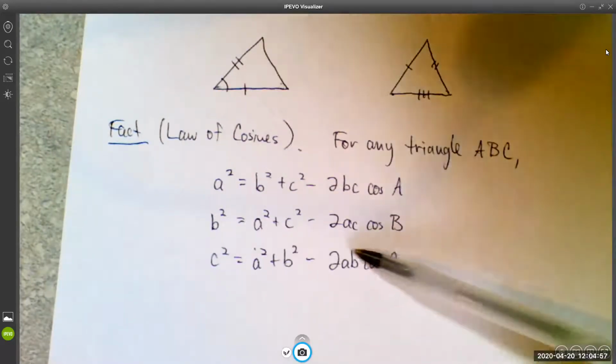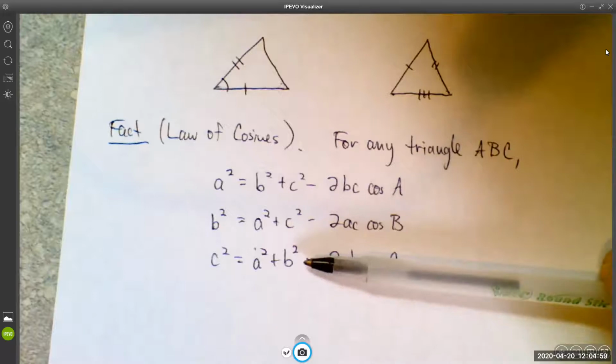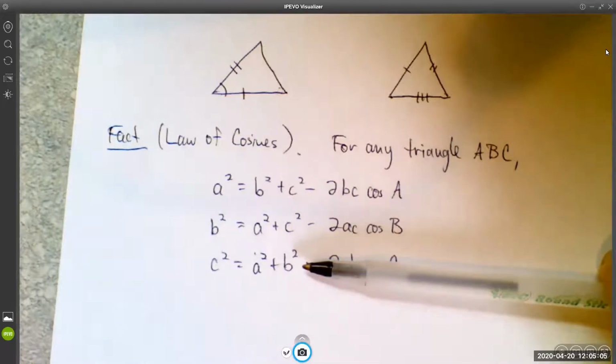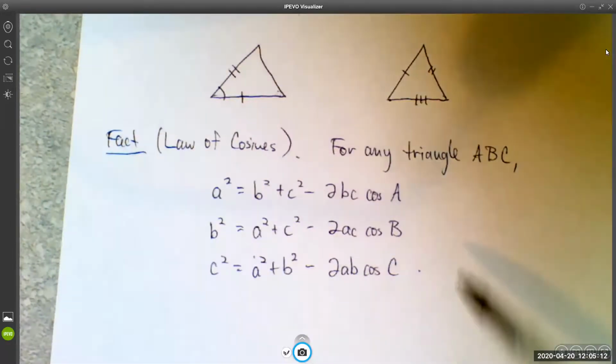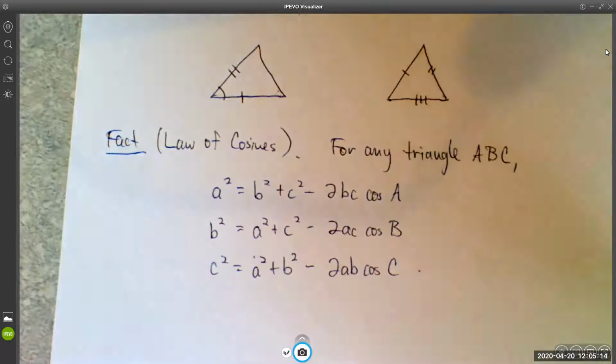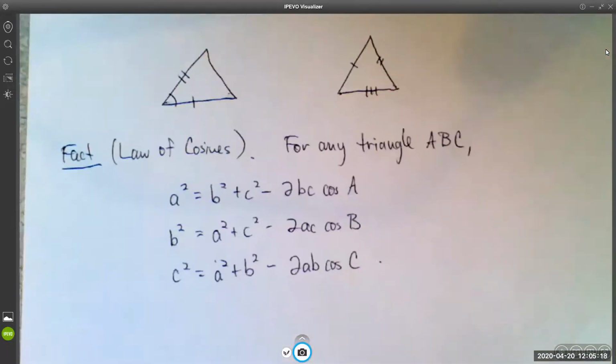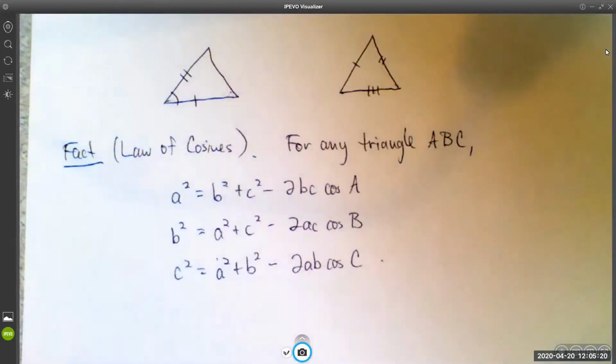So this whole thing cancels off, and sure enough, you get the Pythagorean theorem: c squared equals a squared plus b squared. But these facts are true for any triangle, right? It doesn't have to be a right triangle. These facts apply to any triangle ABC.